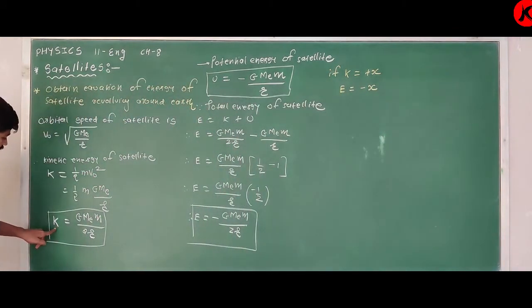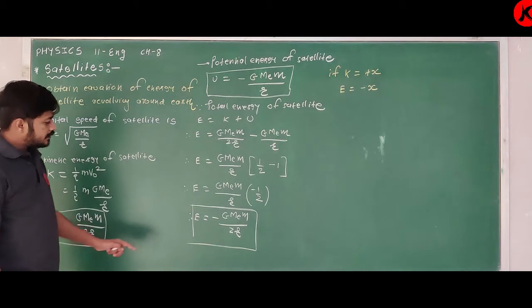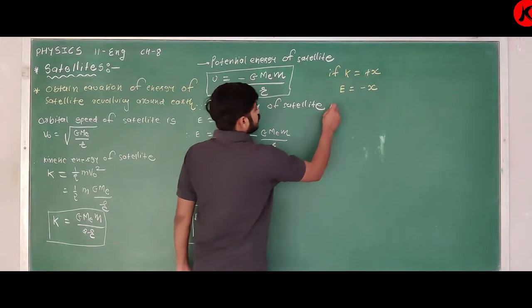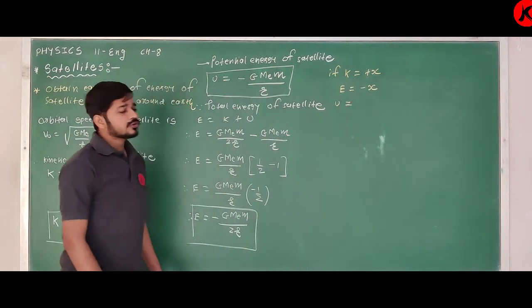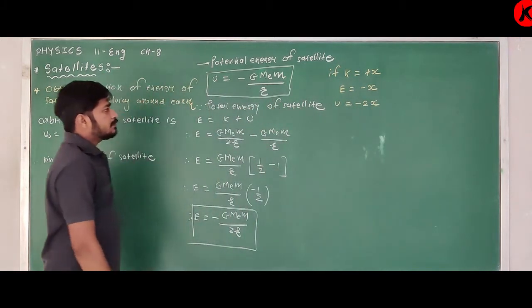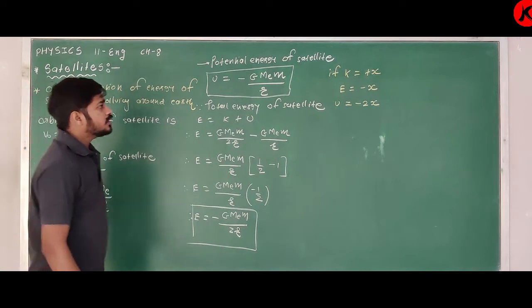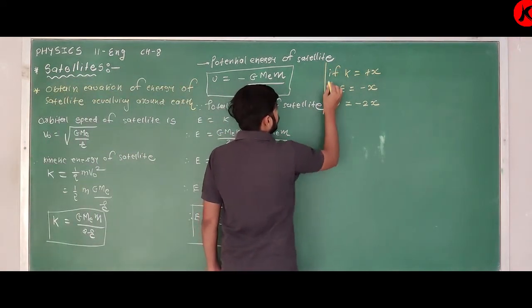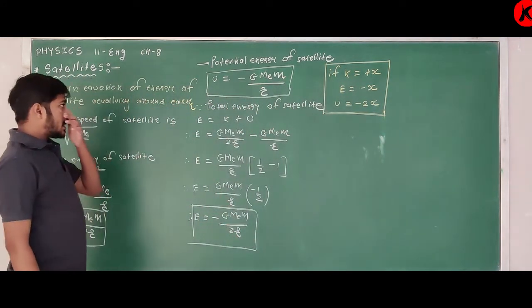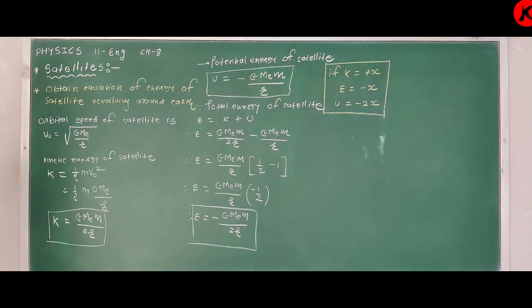Here, kinetic energy G Me m upon 2r I have assumed as x, so total energy is minus x. Then what about U? U is equal to minus 2x. For calculation of some MCQs, you have to remember this one. K is equal to plus x, E is equal to minus x, and U is equal to minus 2x. Clear about this?